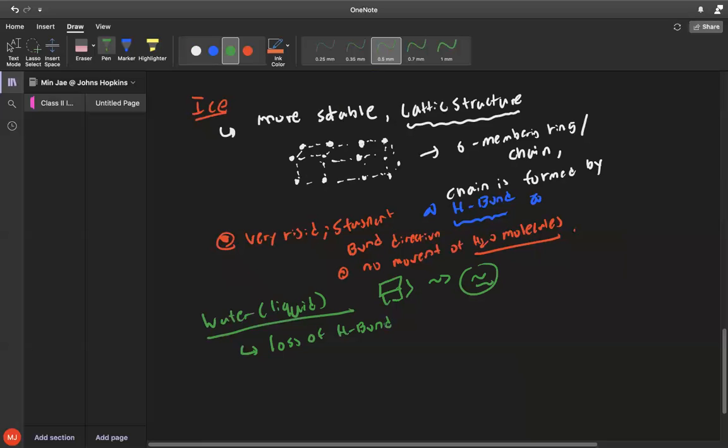And how many is lost? It's about 15% compared to the ice state, or solid state.